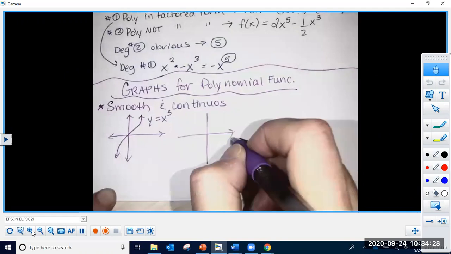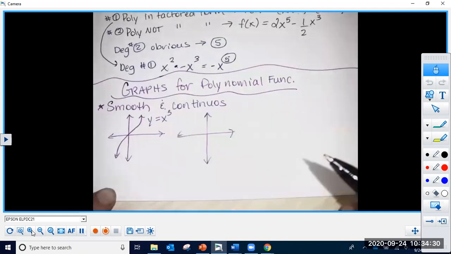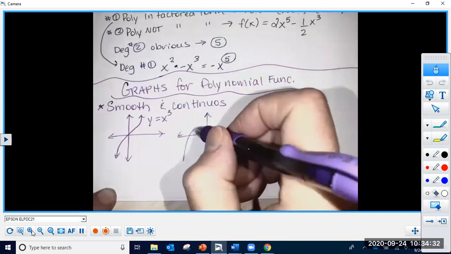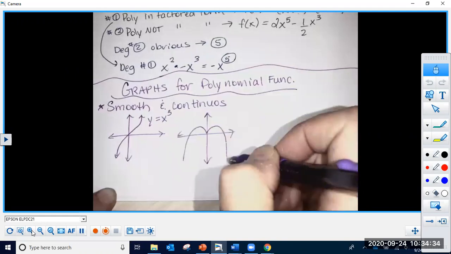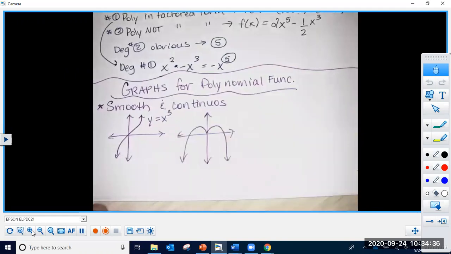One we're going to graph today kind of looks like the McDonald's sign. So we're going to figure out where they cross the x-axis, and we're going to use that to help us graph it. We're going to figure out also the y-intercepts, and the leading term and degree will tell us what it's doing on the ends.